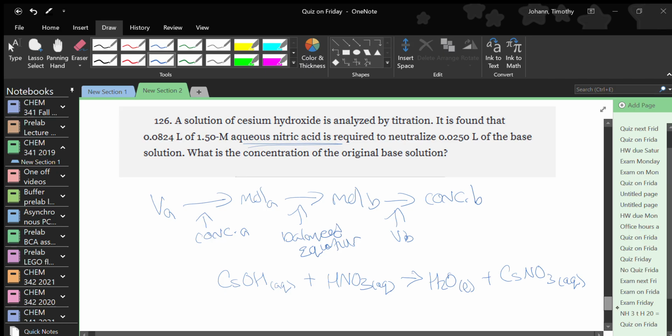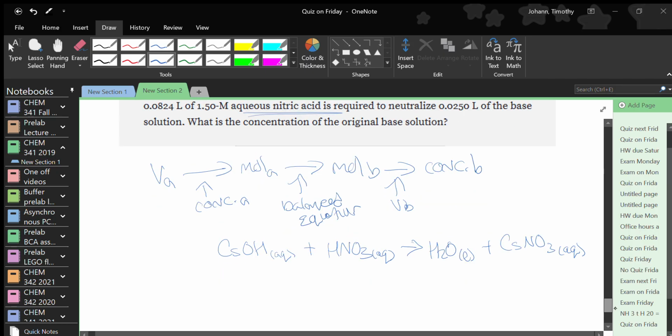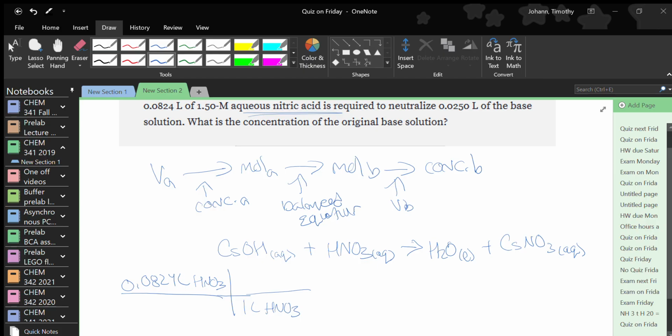And now I'm going to go ahead and apply what I've got. So I'm going to start with the volume of acid. I have 0.0824 liters of nitric acid. Okay? If I have 1 liter of nitric acid, super quick, how many moles do I have? It's 1.5 molar. So it means I have 1.5 moles in a liter.